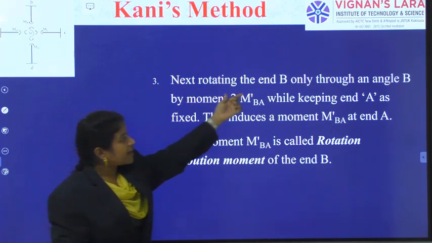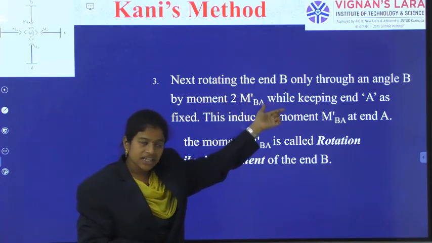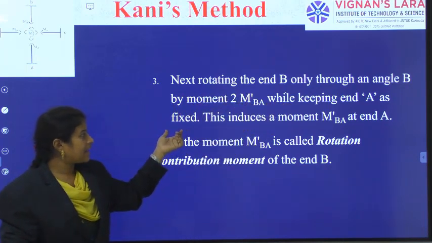Now, next, rotating the end B only through an angle theta B by a moment 2M dash BA while keeping the end A as fixed.